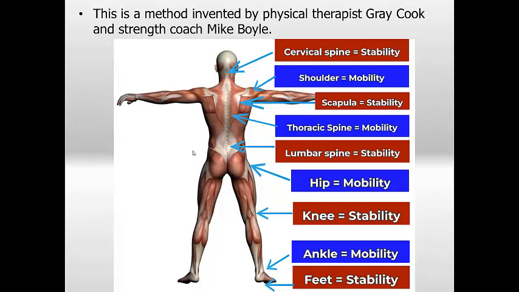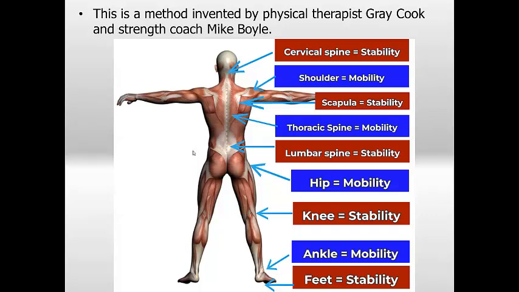As you can see here, further up you go, the hip is opposite to the knee, so it needs to provide mobility. The lumbar spine is very similar to the knee in that it needs stability. The thoracic spine is similar to the hip in that it provides rotational movements, and the way that the spine is designed means it's primarily concerned with mobility.